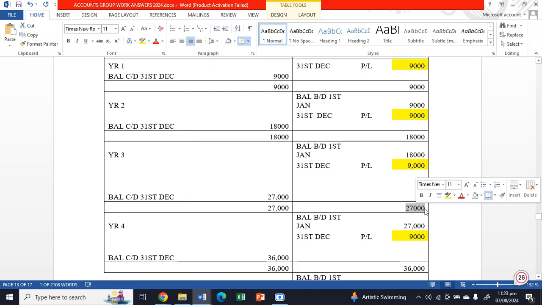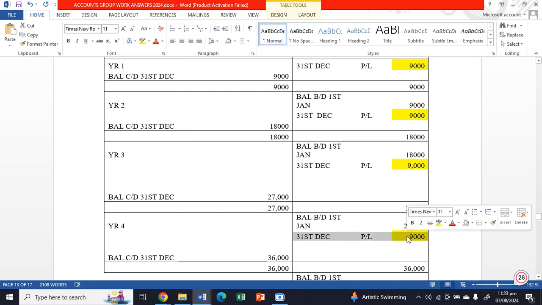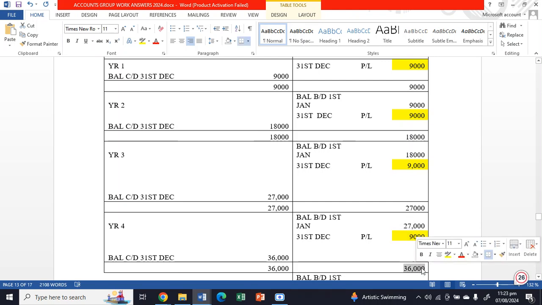And this 27,000, you bring it as the balance brought down in year four. Year four passes, again you have another depreciation expense of 9,000. Accumulated depreciation, you say 27,000 plus 9,000, you get 36,000.